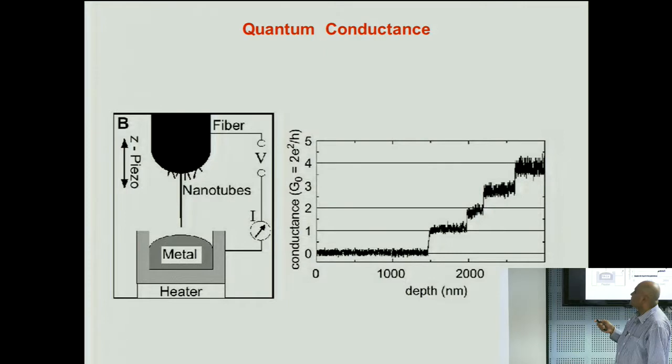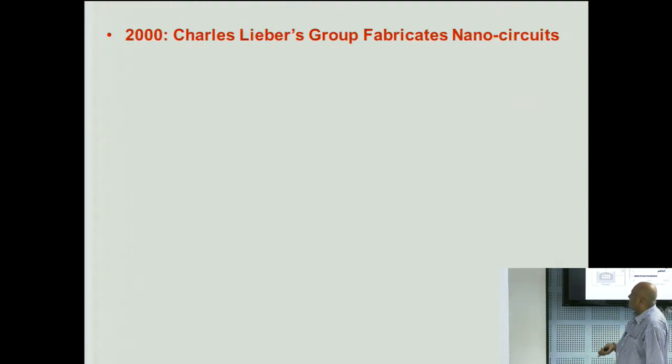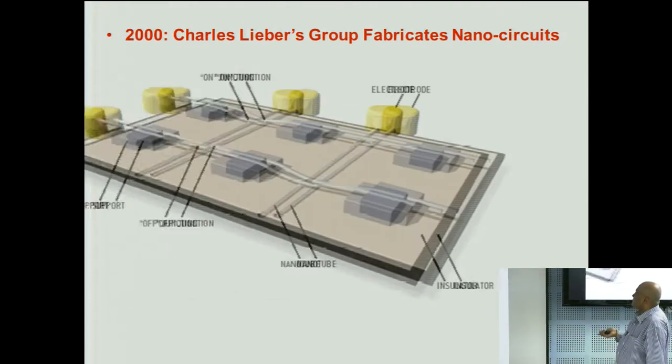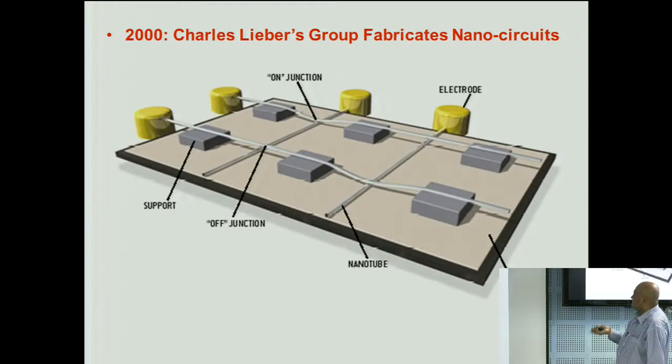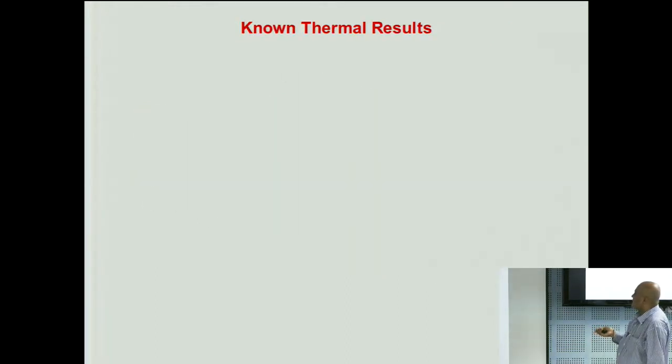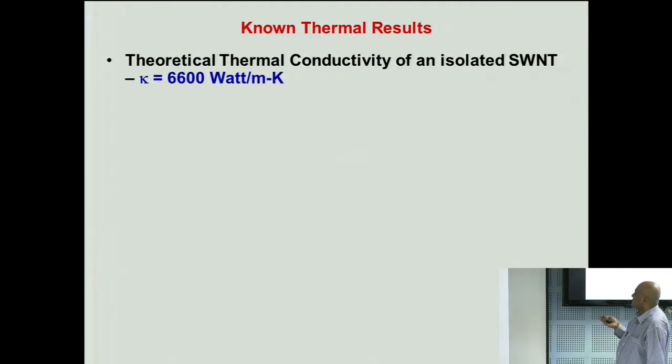Quantum conductance means that when you increase the voltage, the current does not go up smoothly, it goes up in certain steps, and the step height is a value which can be calculated, given by this constant. These are nano circuits. I will skip over this.